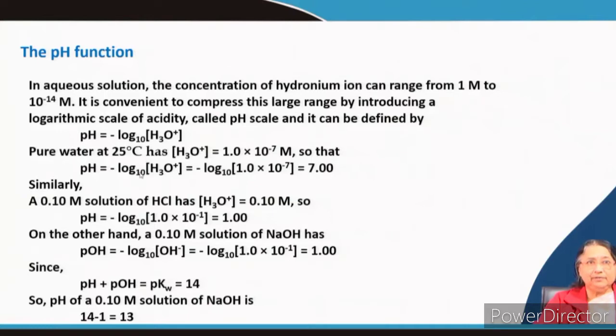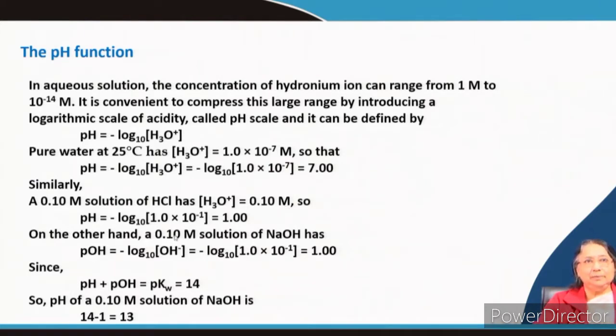Now, at 25 degrees centigrade, the H3O plus concentration for pure water is 1 into 10 to the power minus 7 molar, and pH therefore is 7.